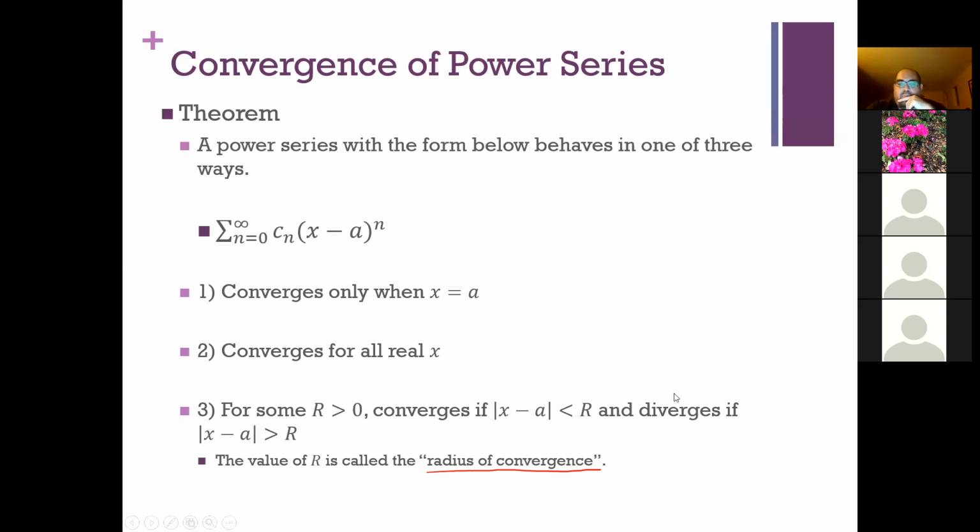And this is the one where we had to deal with the endpoints. For that radius of convergence, notice these inequalities here. I know that if I'm inside that radius, I converge. I know that if I'm outside that radius, I diverge. But I still have to analyze what happens at the boundary individually.